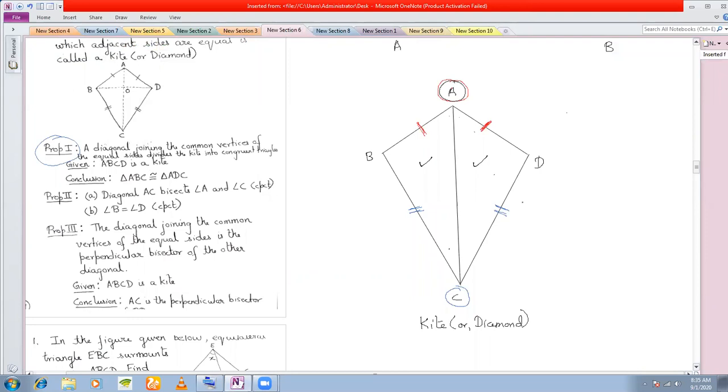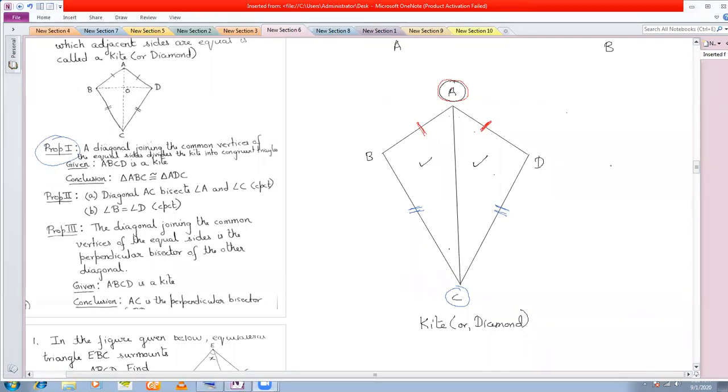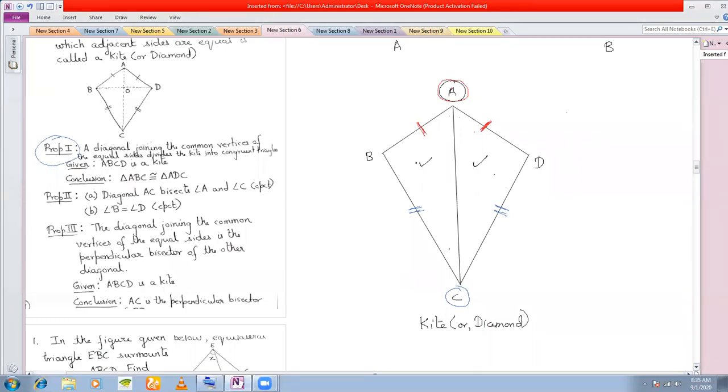How can you say they are congruent triangles? By SSS, side, side, side, you can show that these two are congruent triangles.